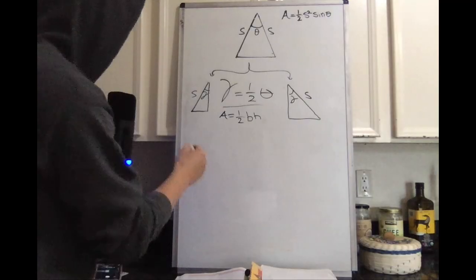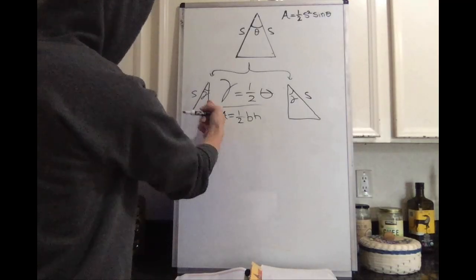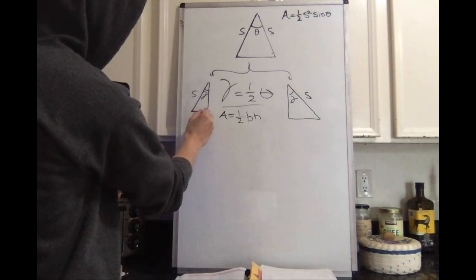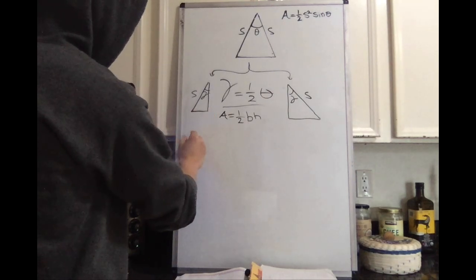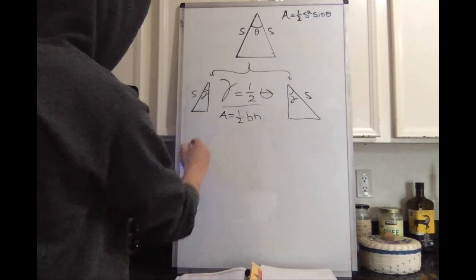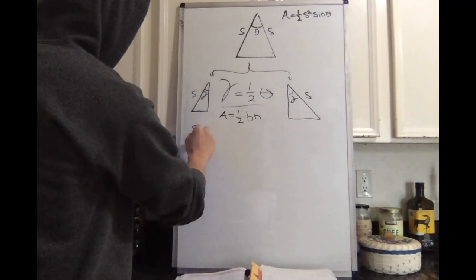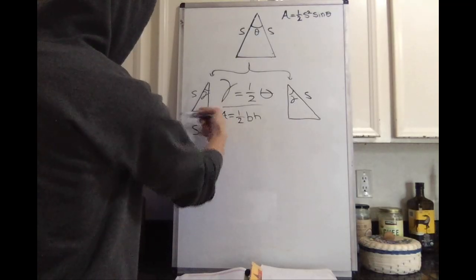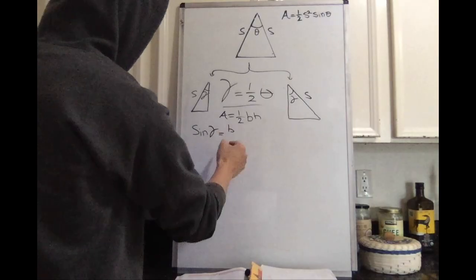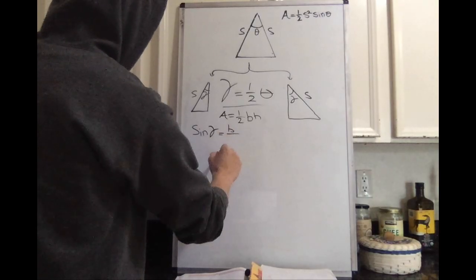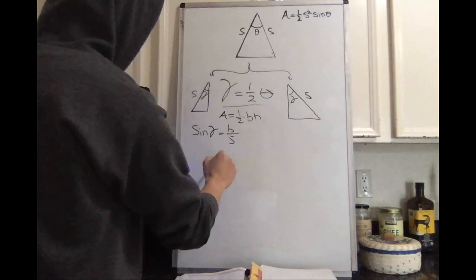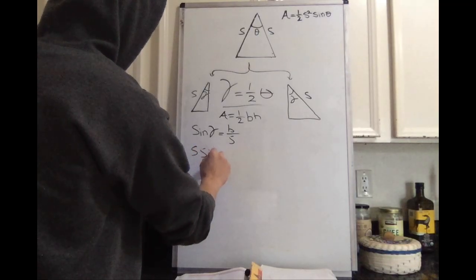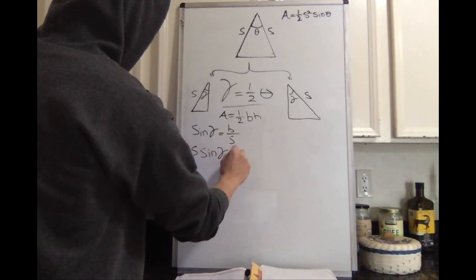The base of this triangle is this, and we can use the sine of gamma is equal to the base, which I'll call b for base, over s, and s times the sine of gamma is the base.